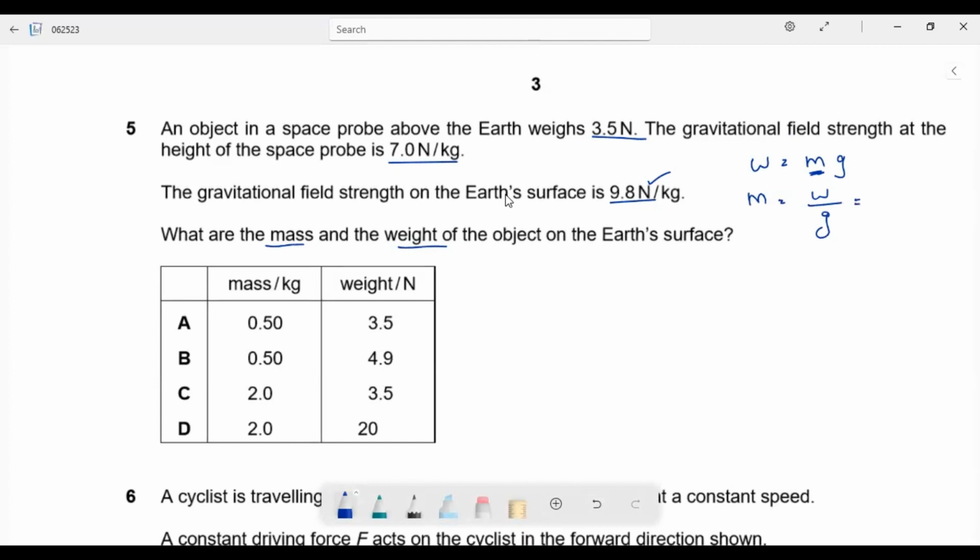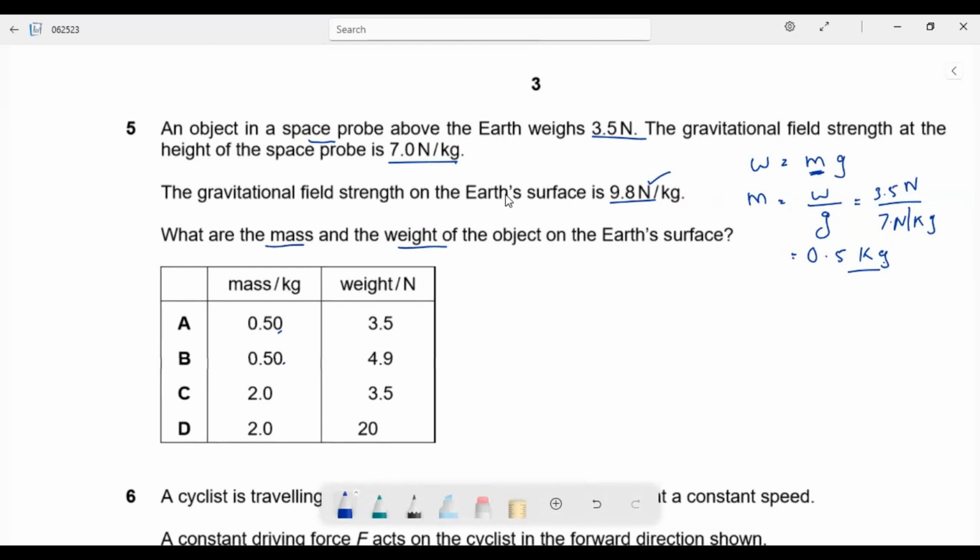First we will find the mass at the space probe, where W is given as 3.5 Newton and the gravity is given as 7 Newton per kg. That can be written as 0.5 kilogram. So the mass of the object is 0.5 kg.